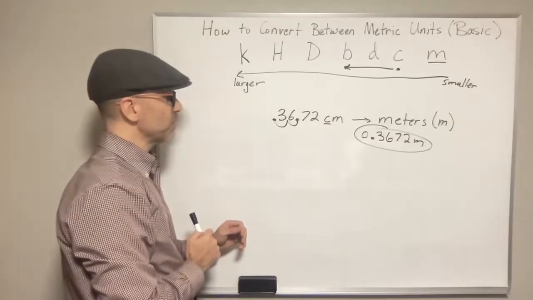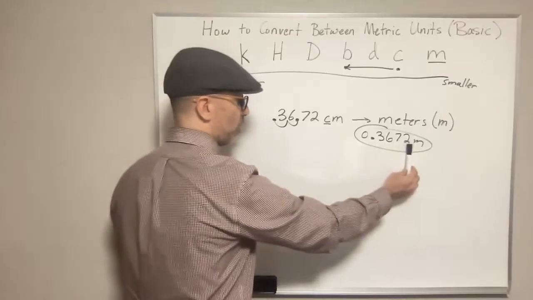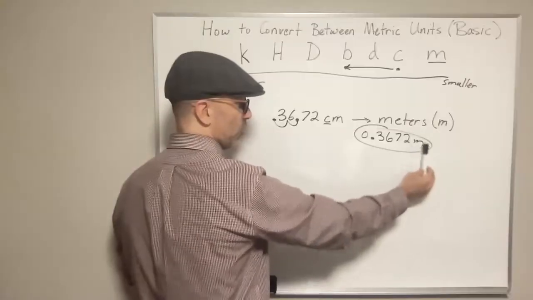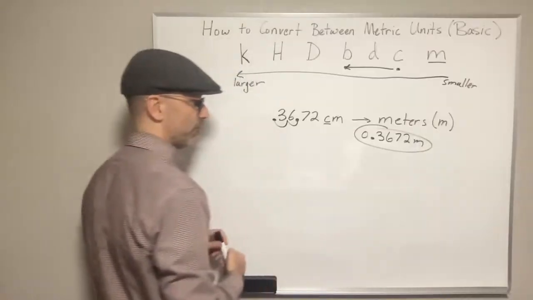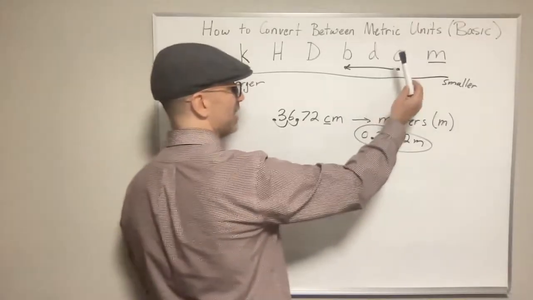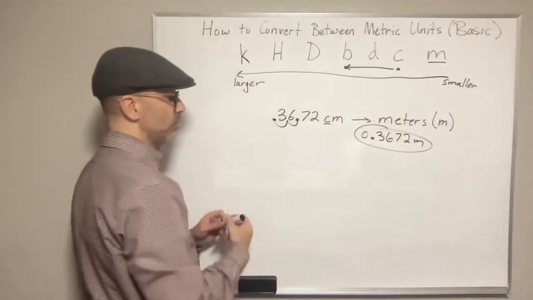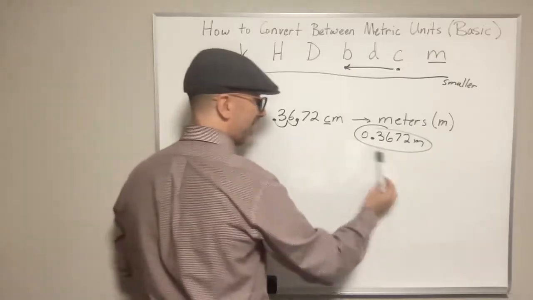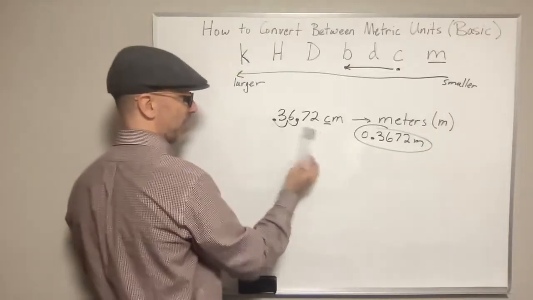Then my number goes down by a factor of 100, but my unit gets bigger by that factor as well, because a meter is 100 times bigger than a centimeter. So this length here is the same as this length.